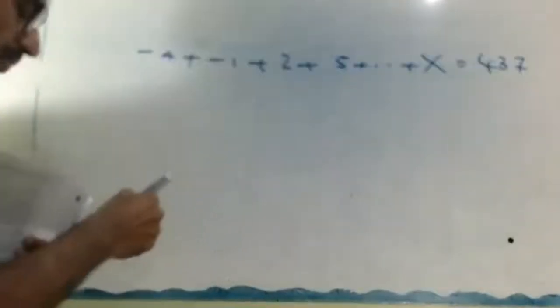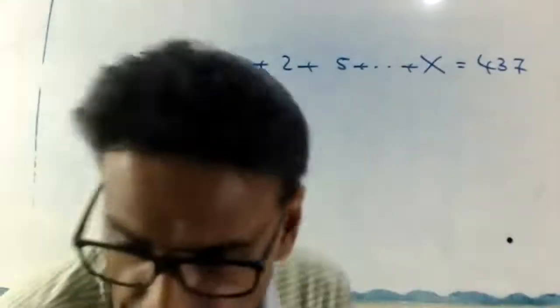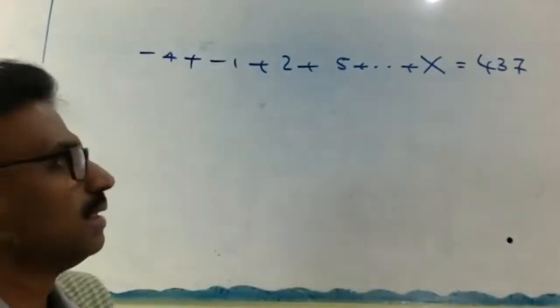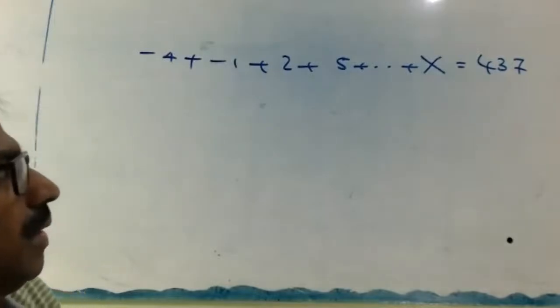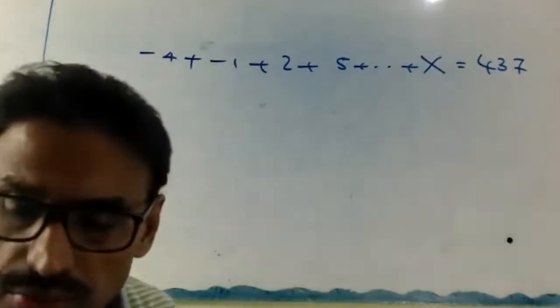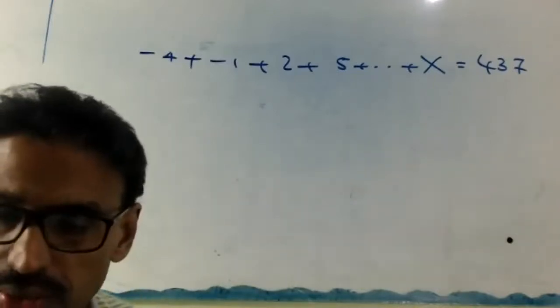You have to find the value of x. -4 plus -1 plus 2 etc. plus x equal to 437. Okay, do it first.